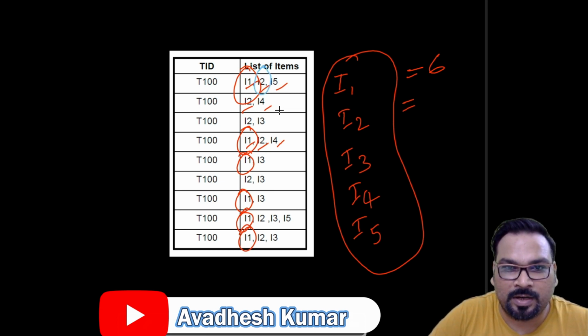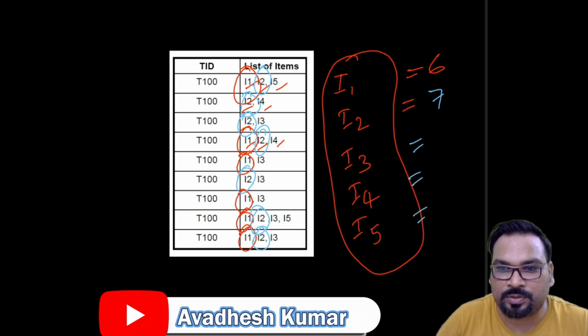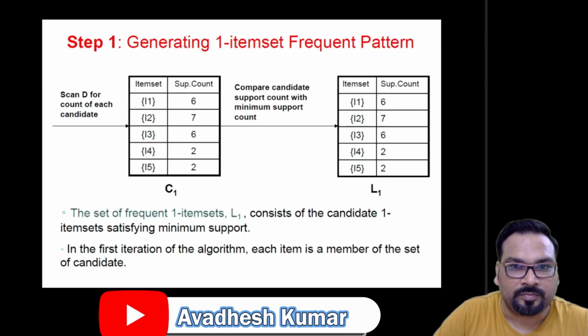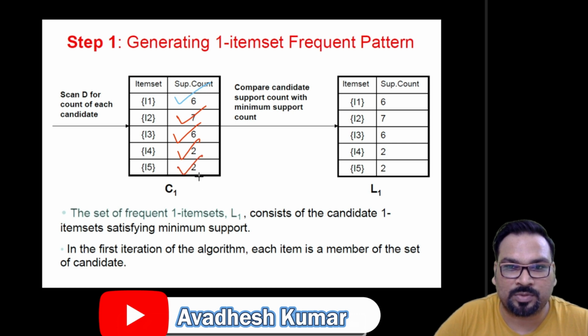Here 1, 2, 3, 4, 5, 6, 7. 7 times. In this way we will write their support. So this is I1 6 times, I2 7 times, I3 6 times, I4 2 times, I5 2 times.